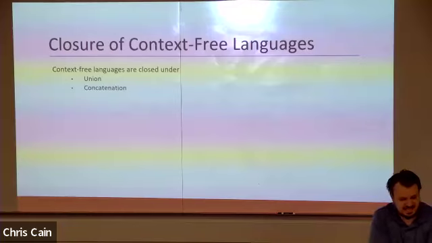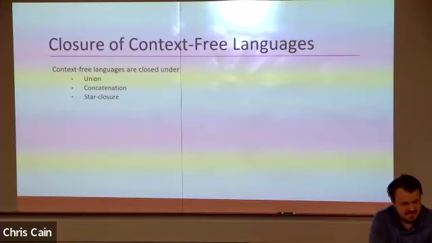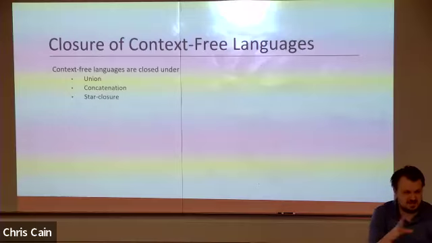You concatenate a context-free language with another context-free language. The result is a context-free language. They're closed under star closure. You take a context-free language and want to repeat it an arbitrary number of times. Any string that is viable in that language, concatenated with another string, concatenated with another string, concatenated with another string, that is all context-free.